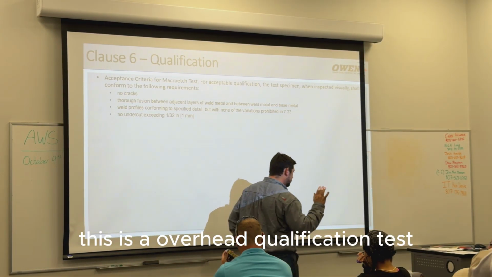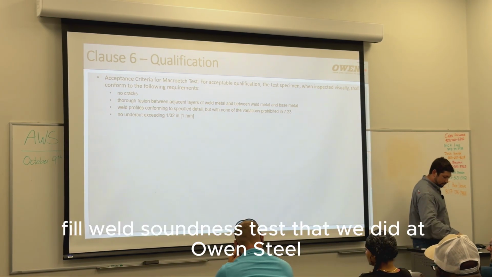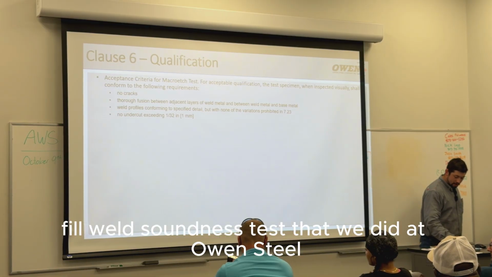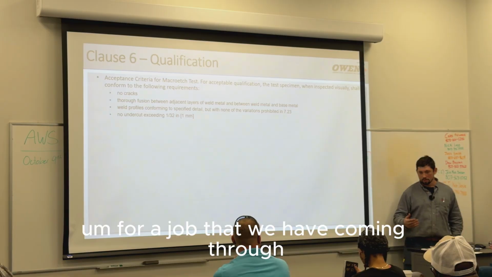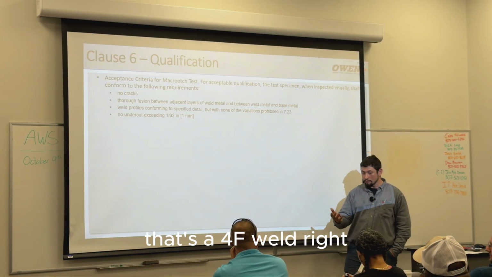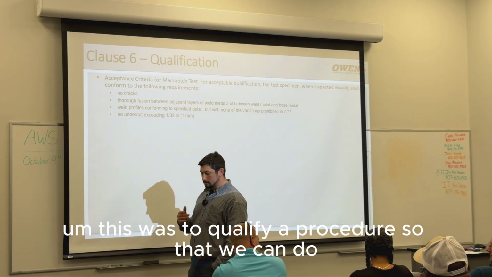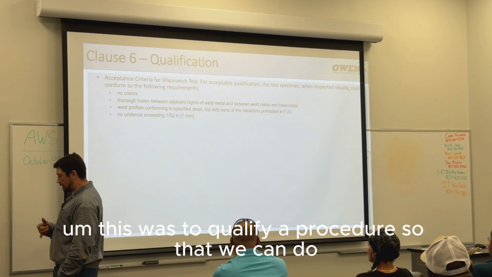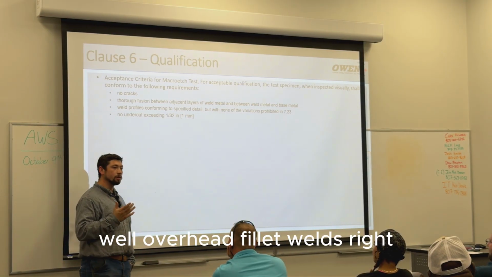This is an overhead qualification test, a fillet weld soundness test that we did at Owen Steel for a job that we have coming through. That's a 4F weld, right? So an overhead fillet weld. This was to qualify a procedure so that we can do overhead fillet welds, right?